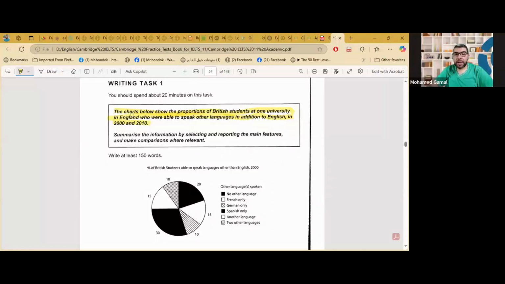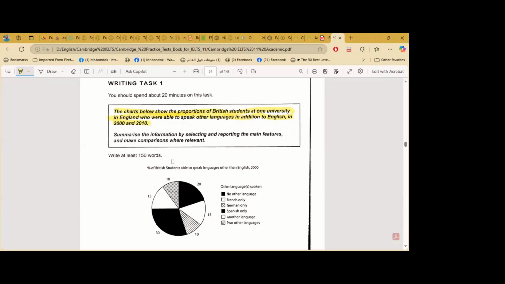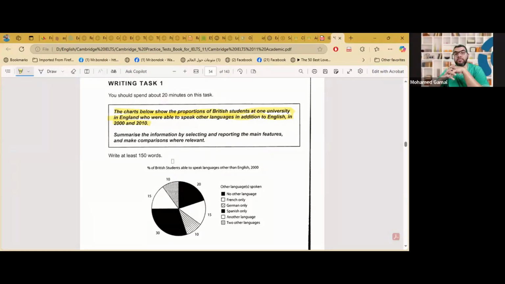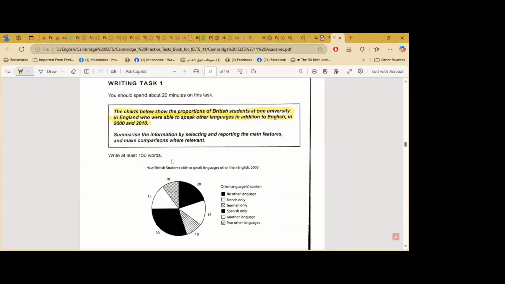For example, here, what is this chart about, or what is this question mainly about? What information does it provide? Students in universities in England who are speaking another language.